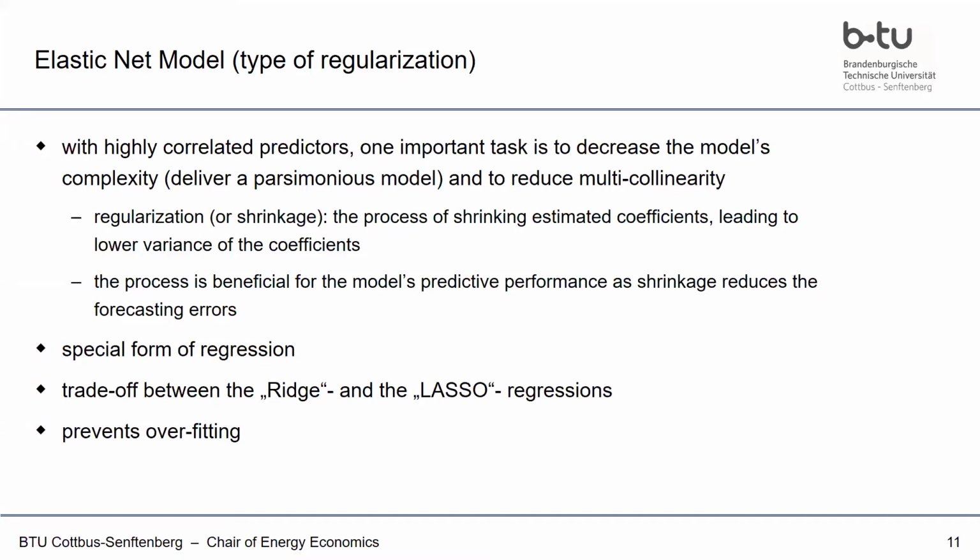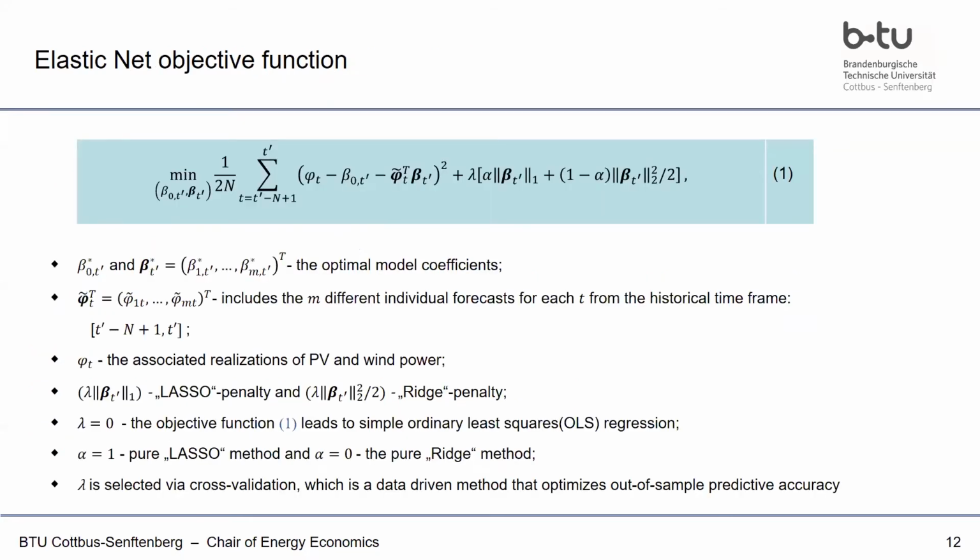The elastic net model is a special form of regression. It offers a trade-off between the lasso and the ridge regressions. And one important characteristic is that the elastic net model prevents overfitting. On this slide, we can see the objective function of the elastic net. Here the betas are the optimal model coefficients, the phi_i,t tilde are the m different individual forecasts, and the f_t are the associated realizations of PV and wind power.